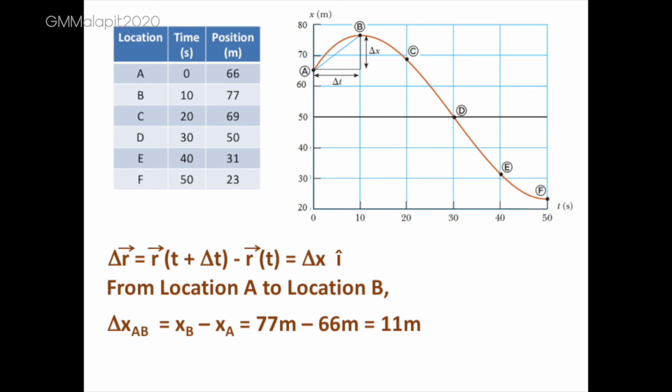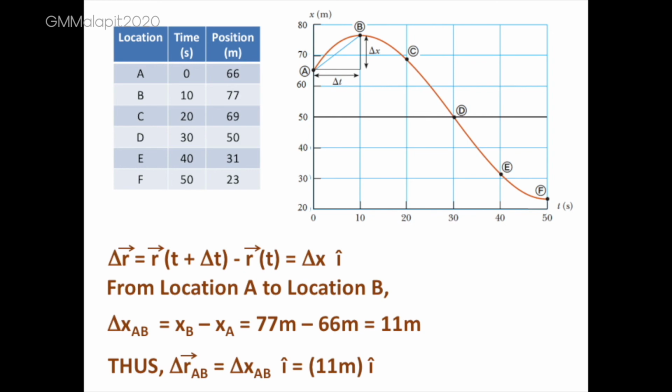Since displacement is a vector quantity, we need to incorporate the unit vector i hat, meaning the direction is to the right. At this point, the other displacements of the car will be assigned as your exercise.